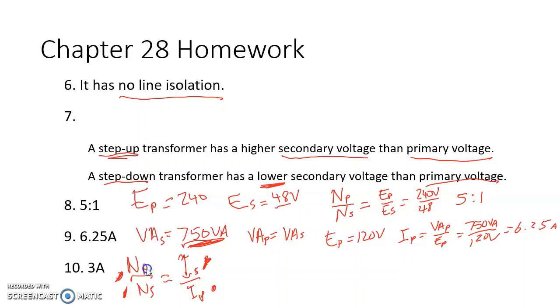Notice that the P is over the S on the ratio side, and the S is over the P on the current side. If we do the algebra, we end up with secondary current equals primary current divided by 6, this 1 to 6 turns ratio. We get 18 amps divided by 6 equals 3 amps.